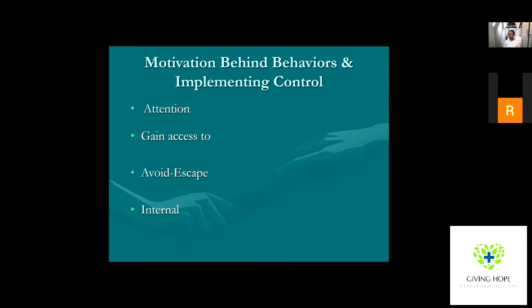So what do we do when we have children... I lost my train of thought. If you see a person who is having a tantrum, you want to understand the motivation behind the behavior. Typically parents want it to stop. The reason a person or child on the spectrum is having a tantrum is because they know that it's going to be reinforced. They know the tantrum is going to get them what they want, or get them attention.